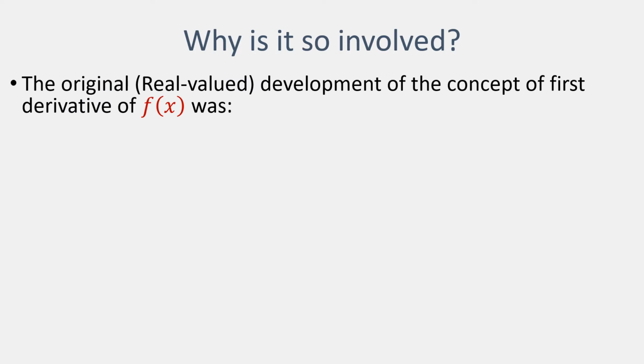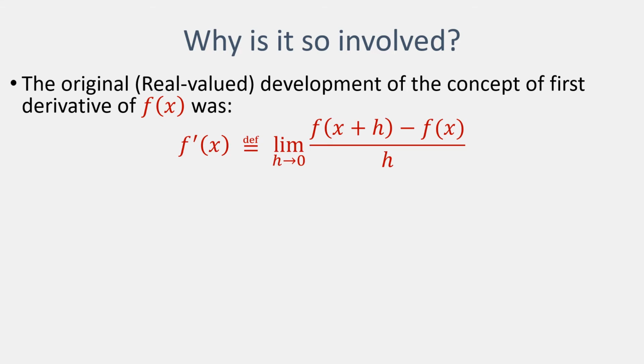Well, let's turn back to our original development of this idea of what we mean by the first derivative of a function, the real valued case. So when we did that, this was defined as an object that resulted by studying the behavior of this ratio as some value approaches zero.